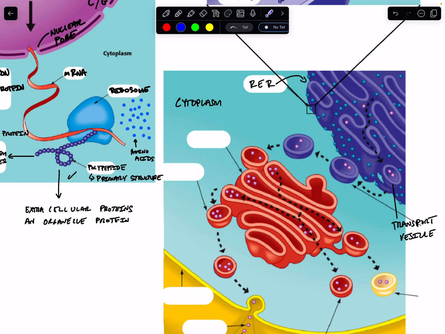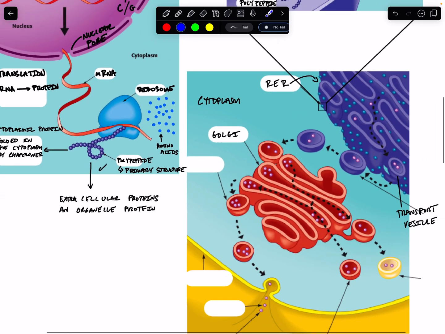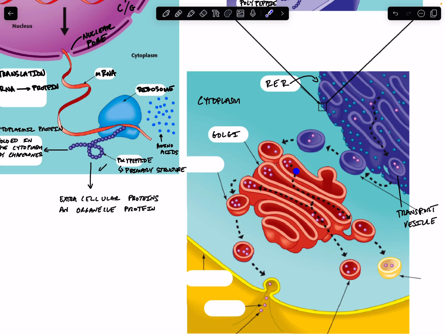So this protein will move through the Golgi. This is the Golgi. And in the Golgi, it is going to be modified. It might be cut in a certain place. It might have another sugar group attached to it. It might link up with another protein to become a quaternary level protein.